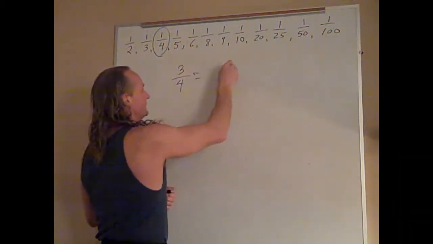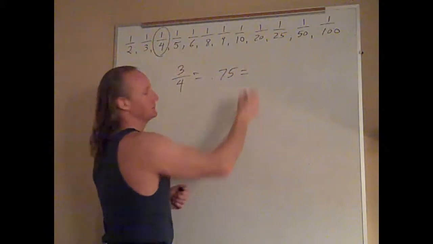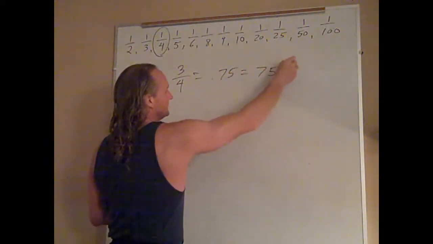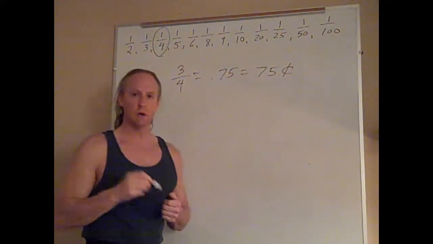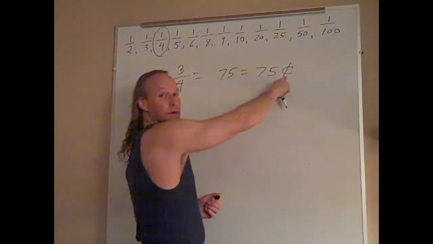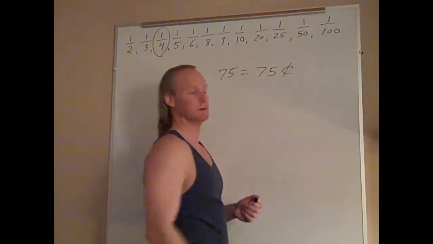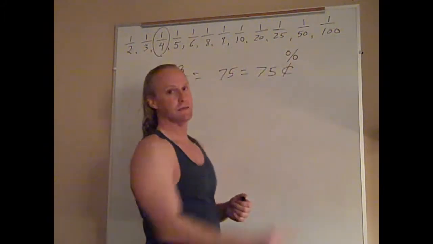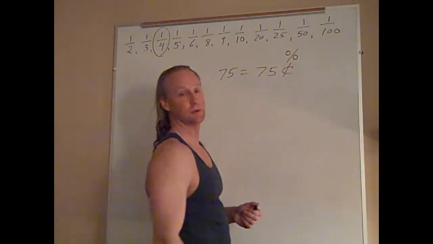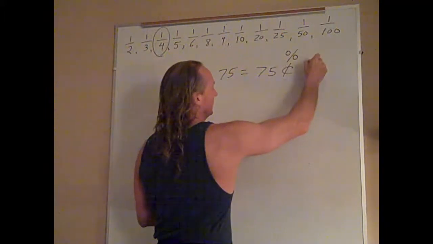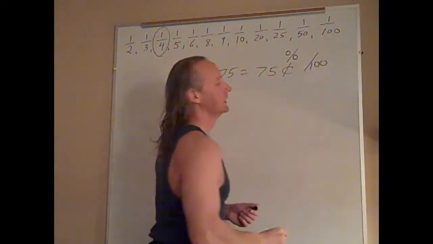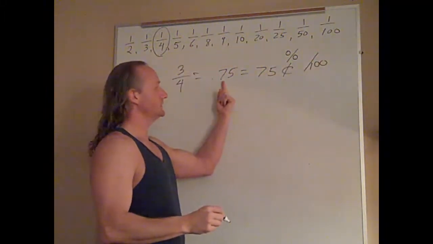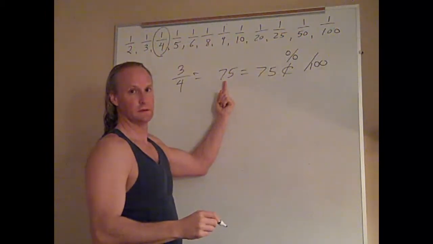3 quarters is 75 cents. And that happens to be 75 cents. Did you know this particular symbol is a shortened version of this particular symbol? And this particular symbol is a shortened version of this symbol. This happens to be 75 hundredths.